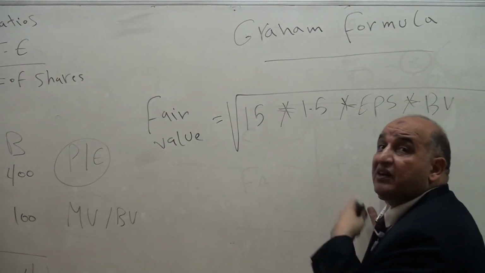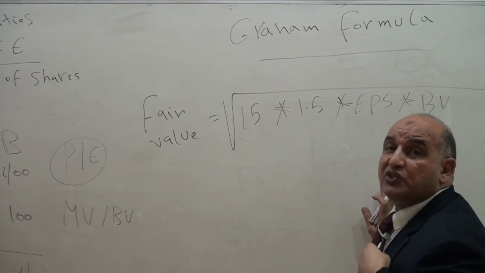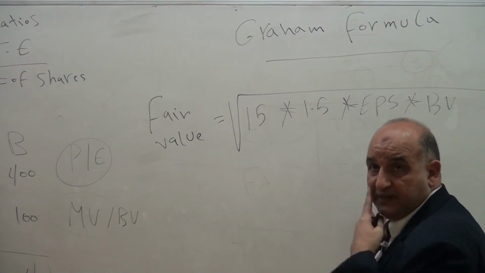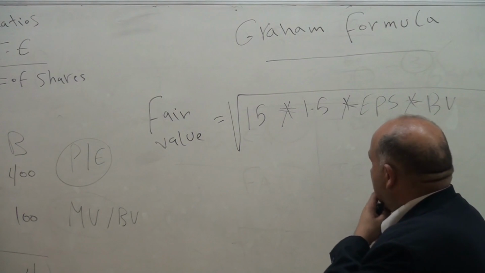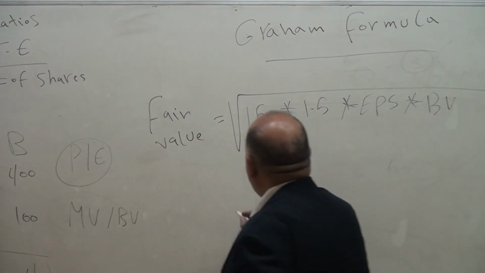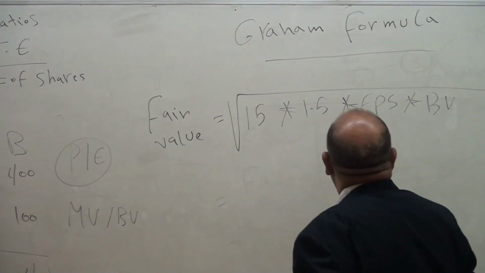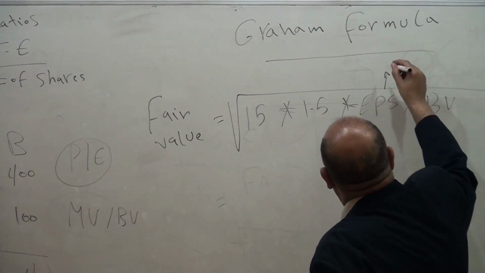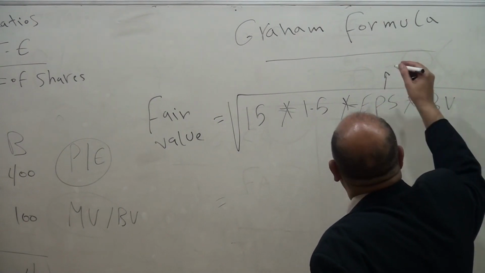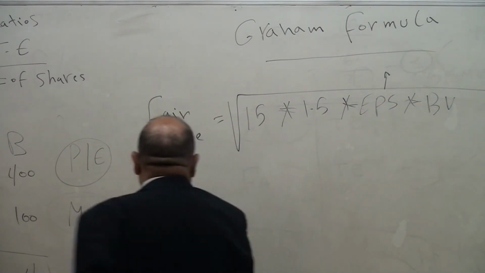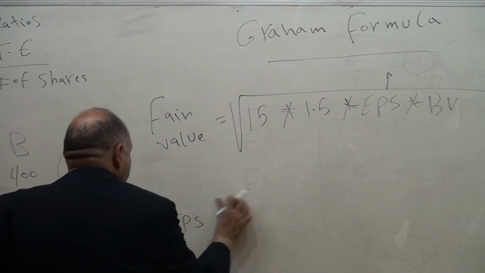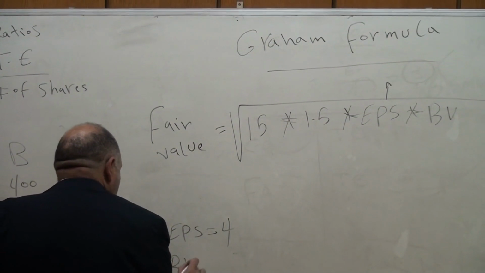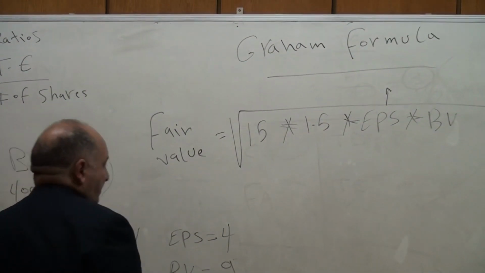This is a very nice formula, and you can use it for yourself, and you can even sell it to any broker. Example. Assume you have information that the earning per share for a company equals 4, and the book value equals 9.